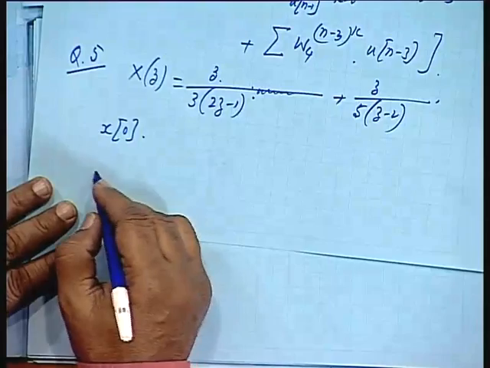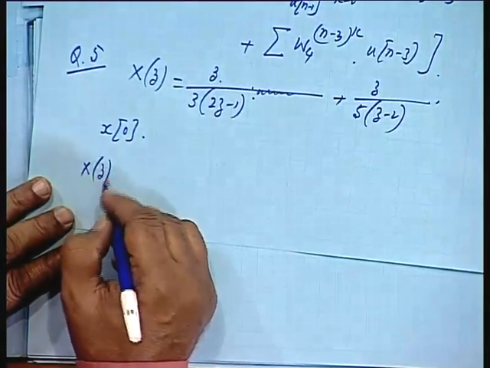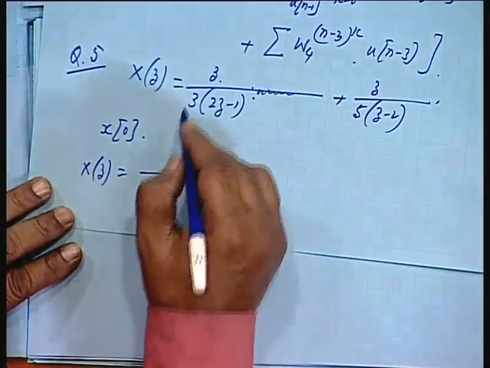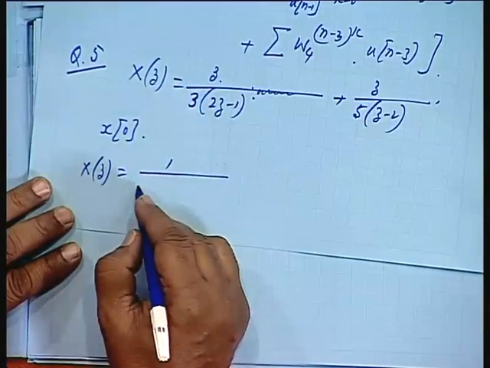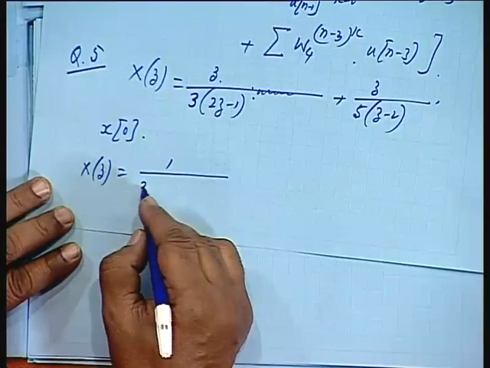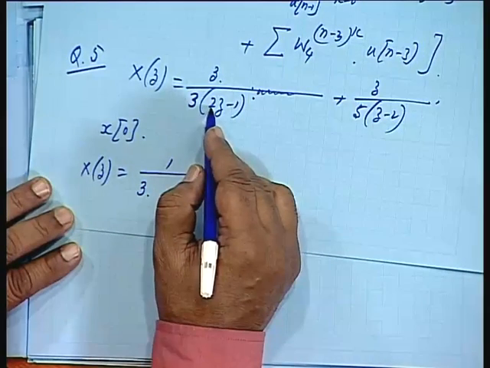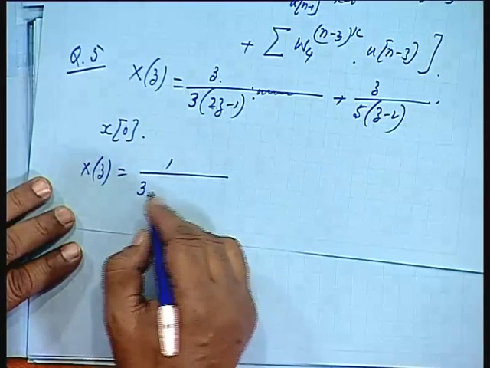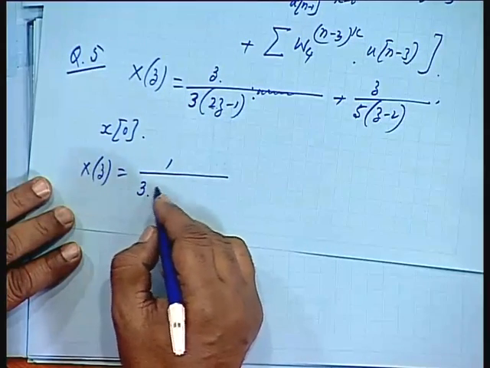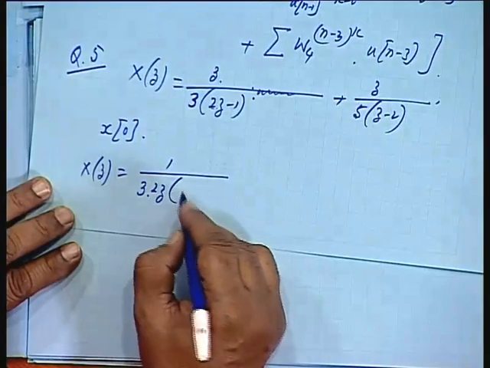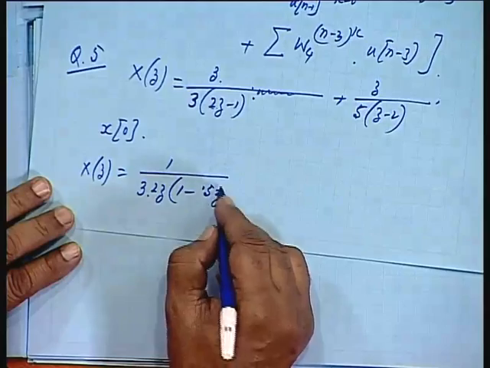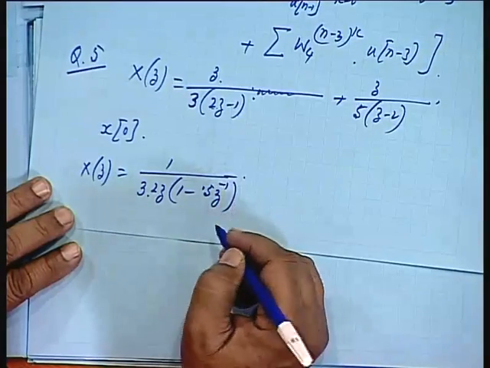So, I may write X of z as 1 by 3, if I take 2z common, what do I get? 1 minus 0.5 z inverse, is that all right?